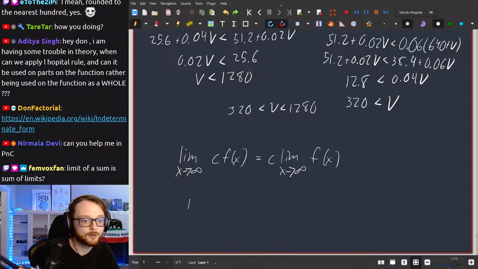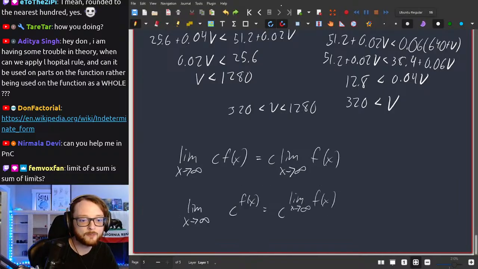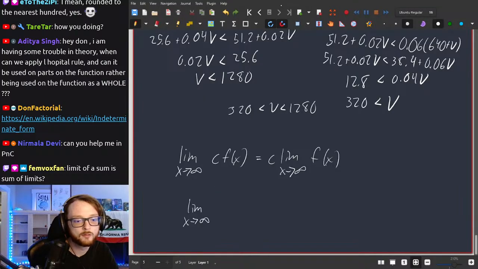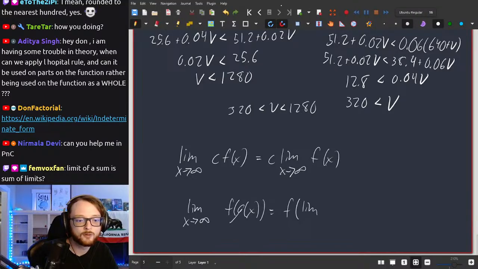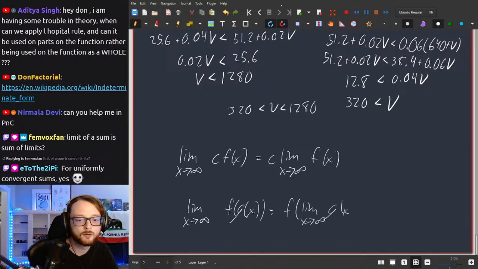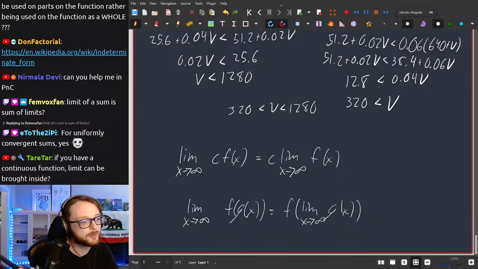I used some identity like that, some constant c to the f of x is equal to c to the limit. That's a little bit more vague, but I think it's more like this.